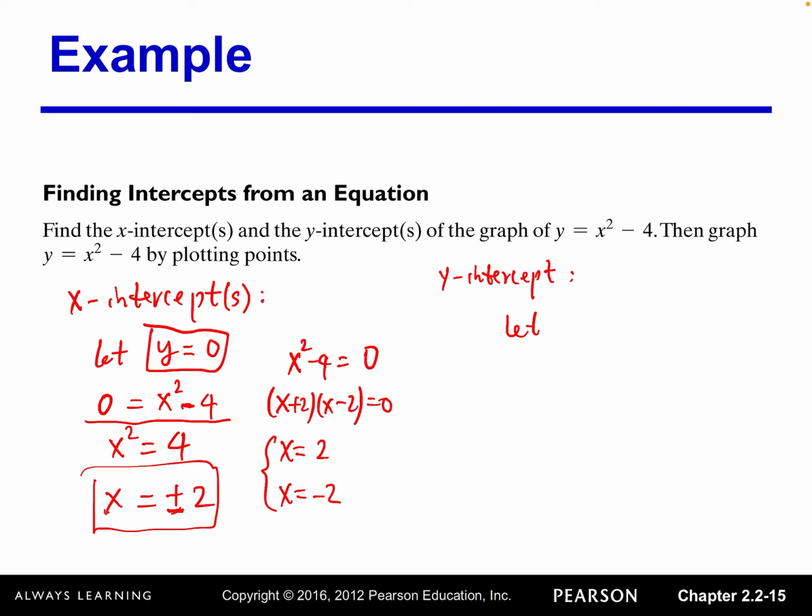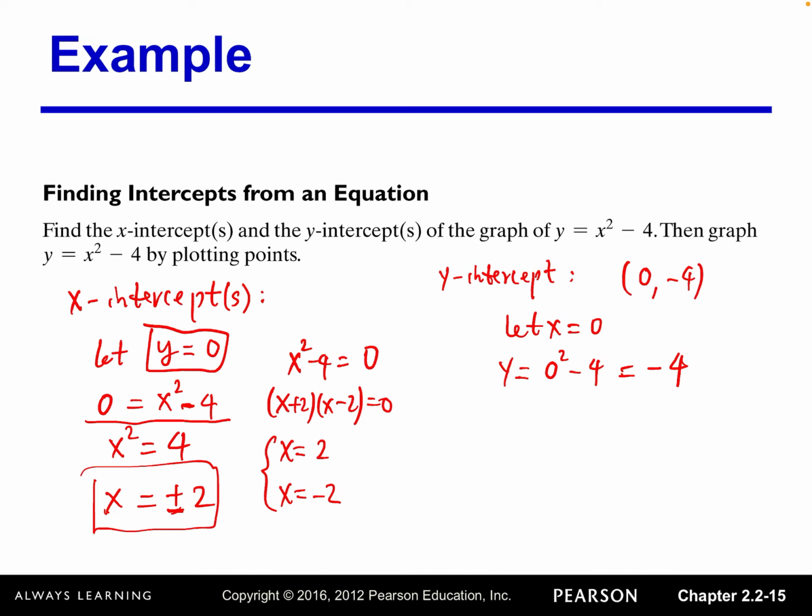Similarly, let's find the y-intercept. To find the y-intercept, we need to let the x-coordinate be 0 this time. So y equals, plugging in x equals 0, 0 squared minus 4, which equals negative 4. If the problem asks you to write the intercepts in point format, the y-intercept is (0, -4), right?